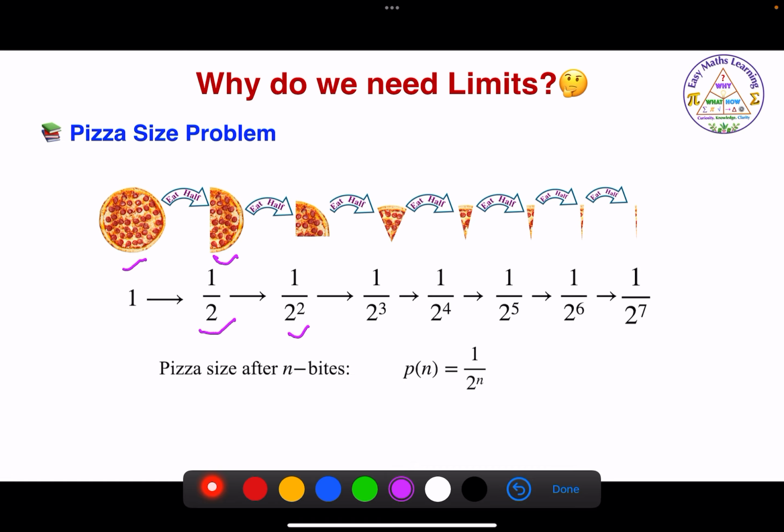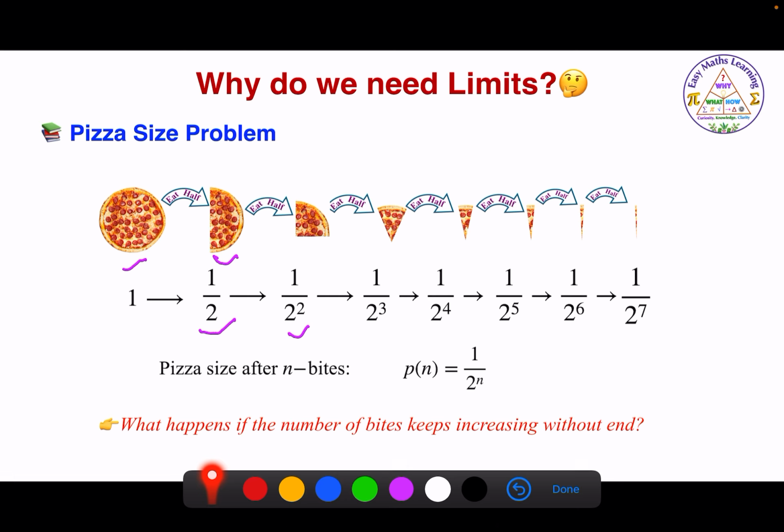So pizza size after n bites, that we denote by P(n), we can write 1/2 raised to the power n. So question is, what happens as the number of bites keeps increasing without end? Does the pizza ever completely disappear?